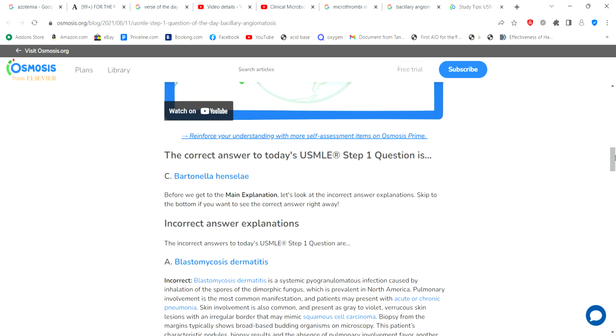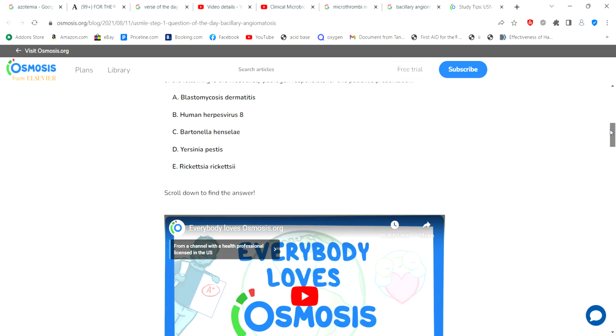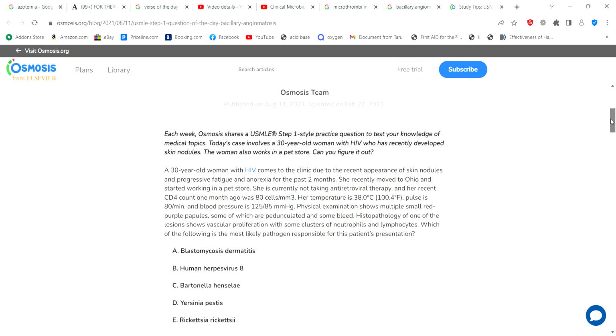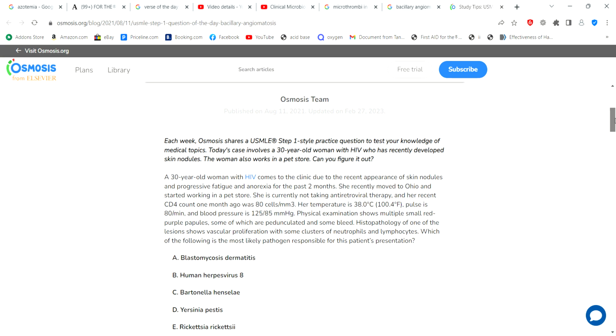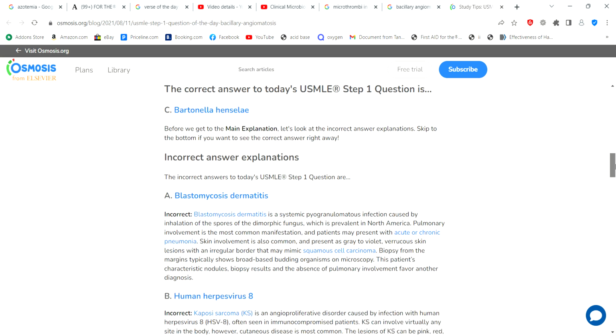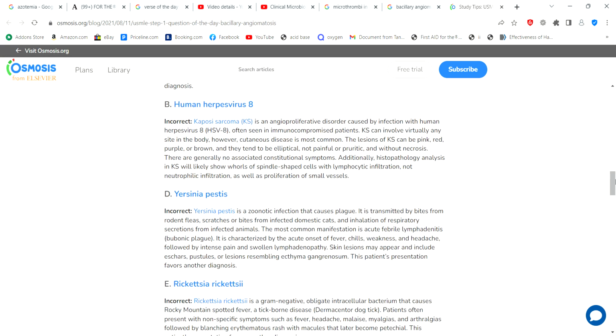Basically, I was so tempted to pick Kaposi sarcoma because their CD4 count is super low, the patient is not compliant with her antiretroviral, and they describe Kaposi sarcoma.